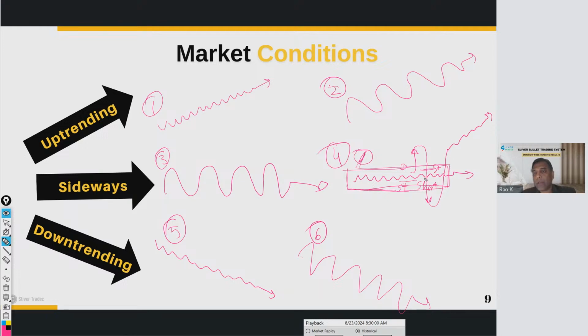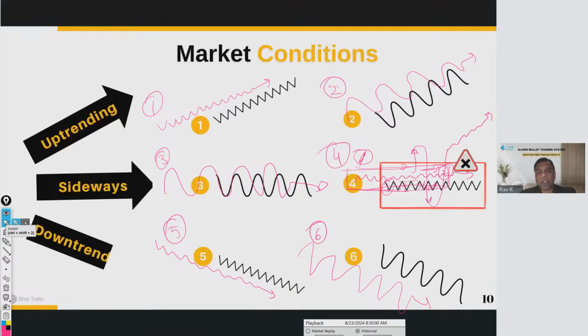So you incur a loss here, you incur a loss here, 2 losses, and now the trader doesn't have the mindset or psychology to take any more risk, or maybe he has lost the account, his funds, or reached a max drawdown limit for the day. Whatever the case, it's a decent amount of loss, and then they are not able to decide what to do. Because of that, it's good to sit on your hands and not trade when you see market condition number 4.